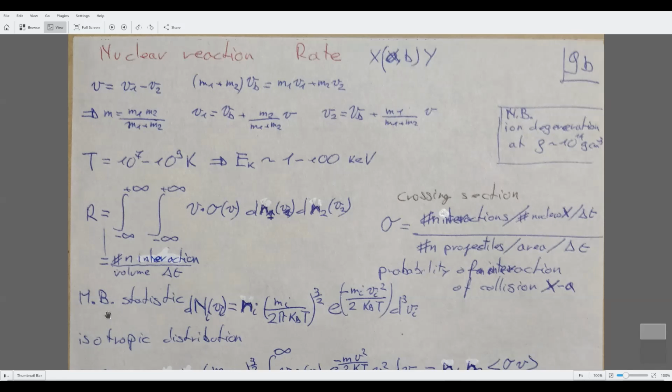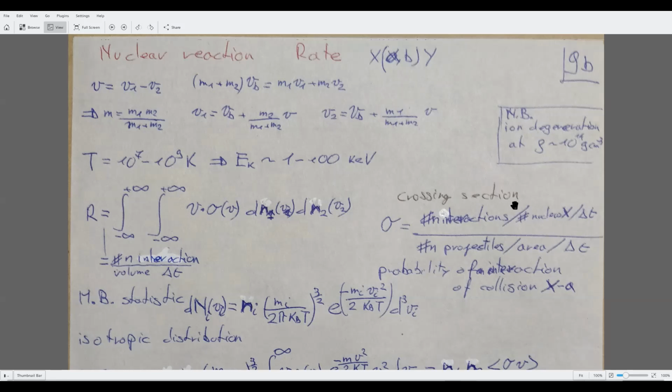Maxwell-Boltzmann can be used without problem, because we are considering reactions among nuclei, so ions, and ion degeneration arrives at really higher density, like 10 to the 14, and in the center of the Sun it is 10 to the 3, so it's not so dense.